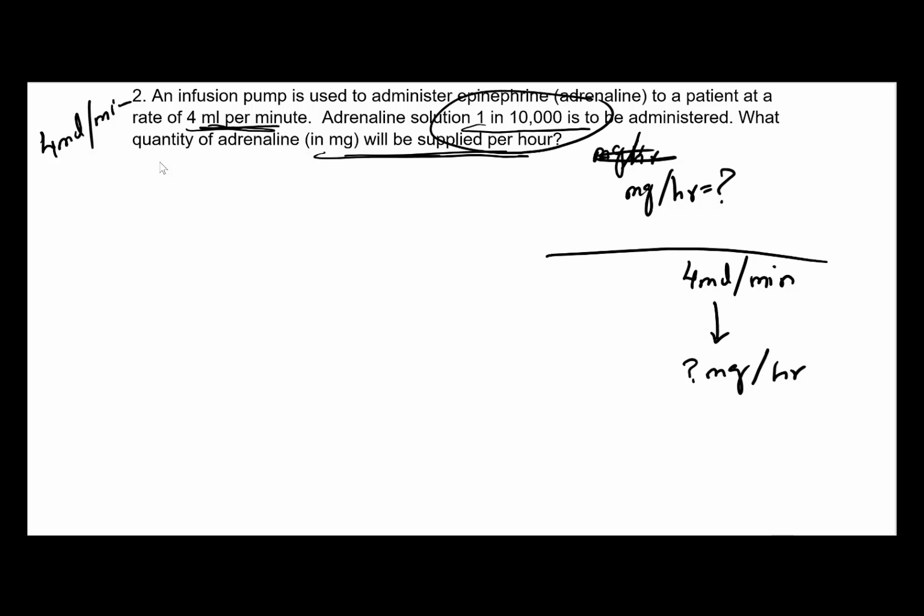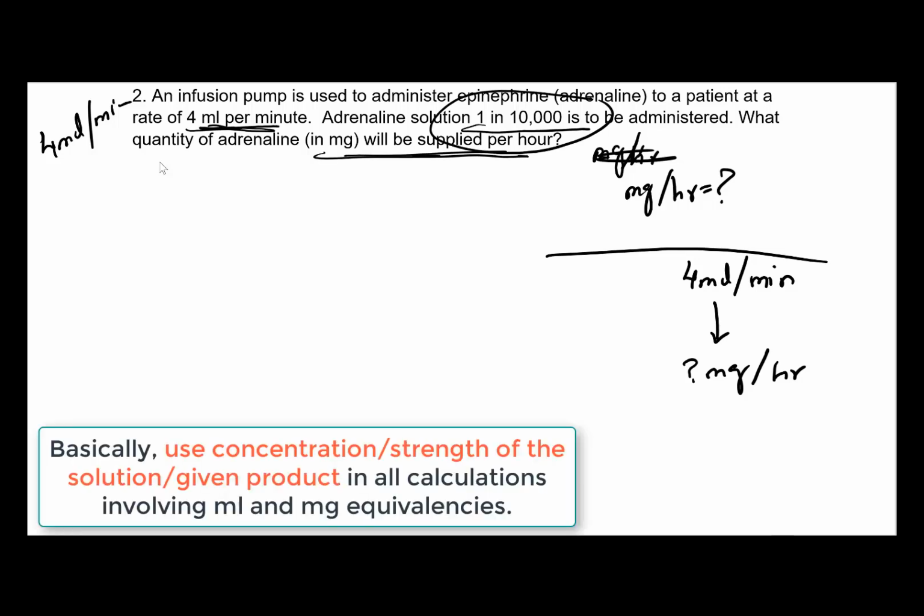Yes, I make use of this information. So 1 in 10,000 means 1 gram in 10,000 mils, which means 1000 milligrams in 10,000 mils, right? Or 1 milligram in 10 mils.